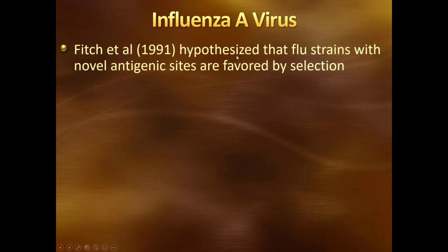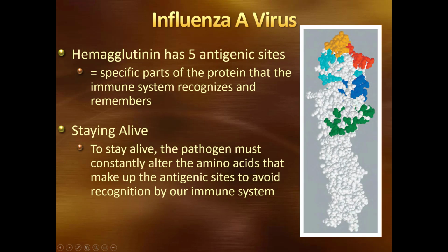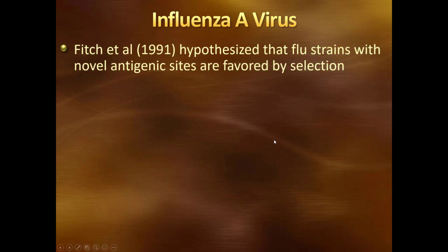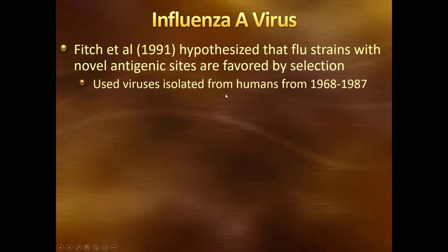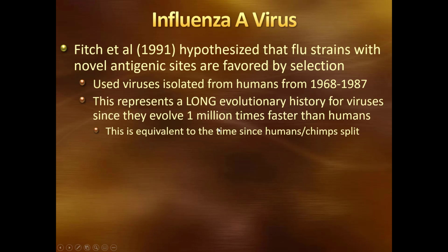Fitch et al. hypothesized that flu strains with novel antigenic sites are actually favored by selection. So that makes sense. If I come back here and I change this antigenic site, now the immune system does not recognize it, and now this particular virus can continue to replicate. They used viruses that were isolated from humans in this time period from 1968 to 1987.